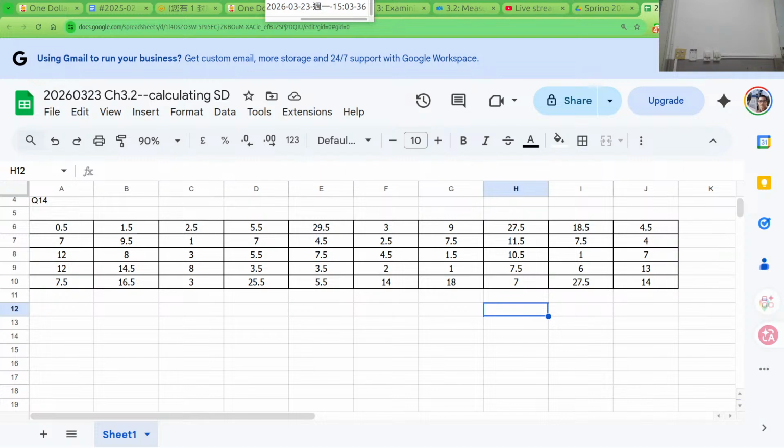Go to chapter 3.2 and check question number 14.